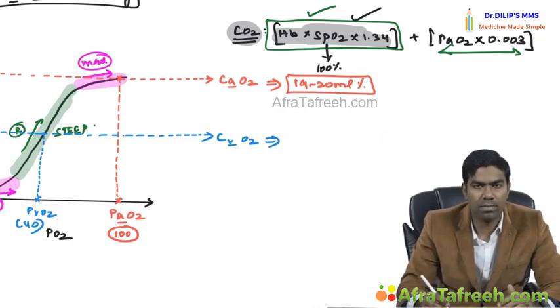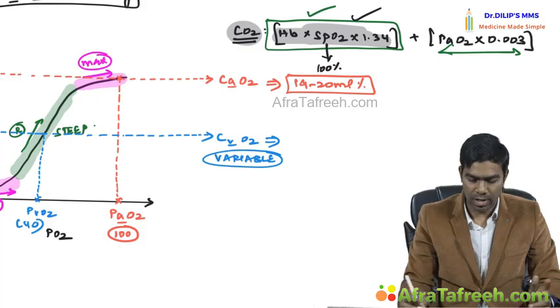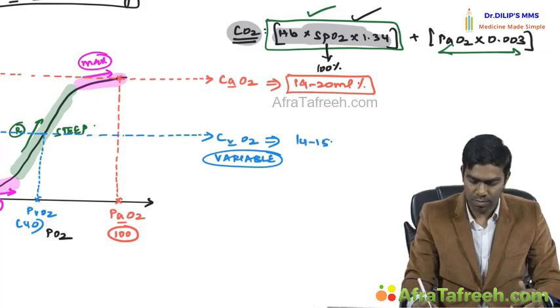And the content of the venous blood, again, is highly variable. The reason why it's highly variable is because different organs are going to extract very, very different amounts of oxygen. So overall, the content of the venous blood will be 14 to 15 mL per deciliter.